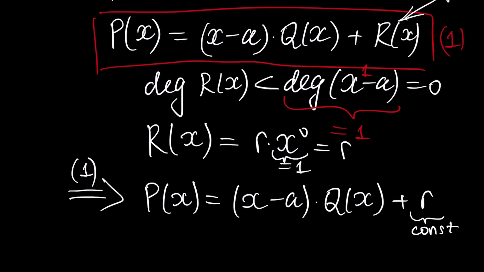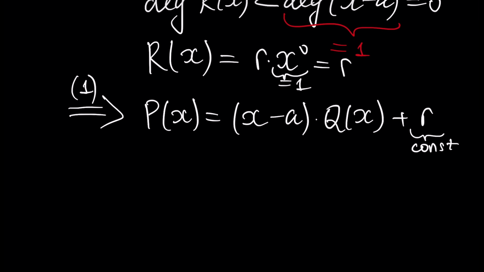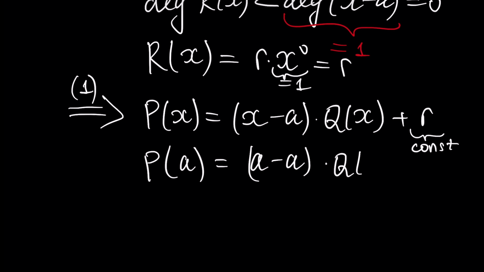And if we put a instead of x, we will have p of a is equal to a minus a times q of a plus r.